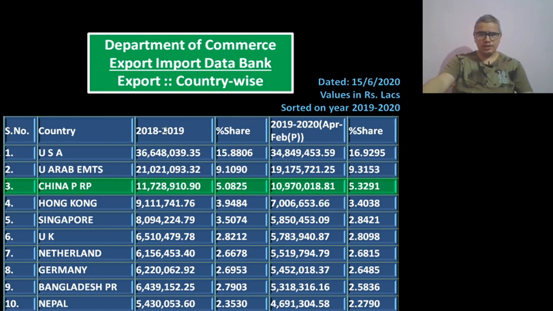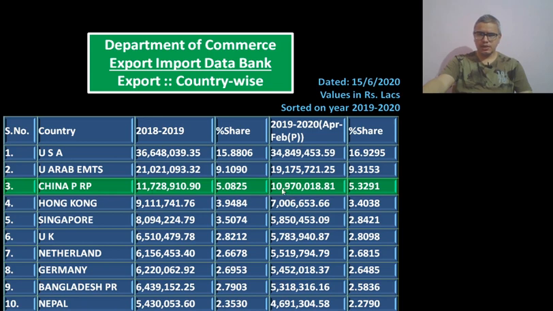Now here, if we see in terms of export, how much India exports to the top 10 countries, we see that China ranks third for India. In 2018-19, almost 5% of India's export share was to China, and we exported almost 1.17 lakh crore worth of goods to China.